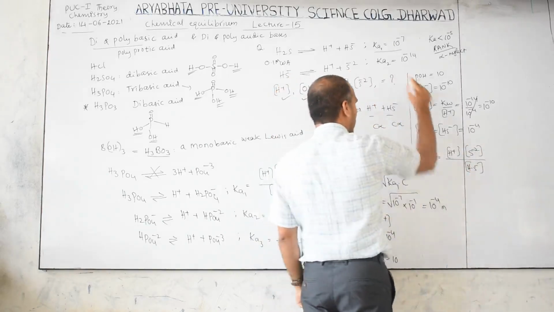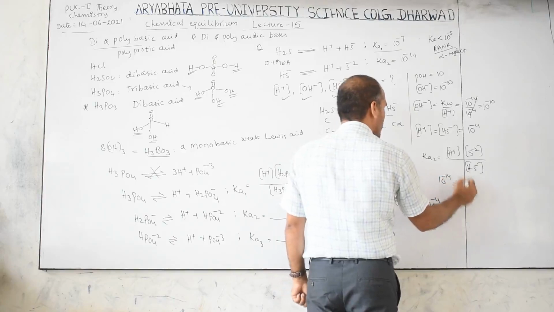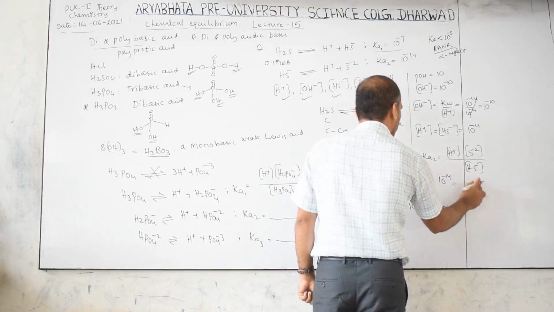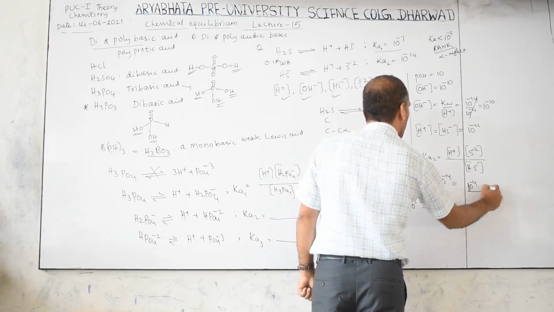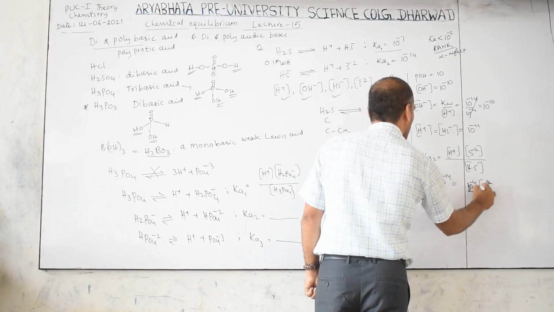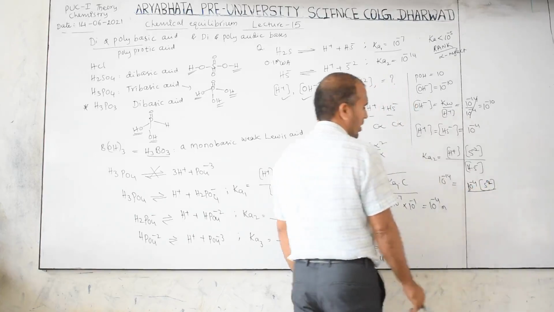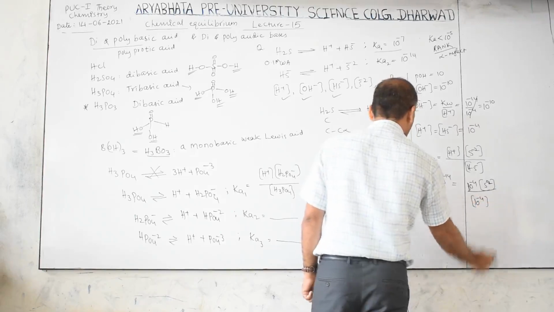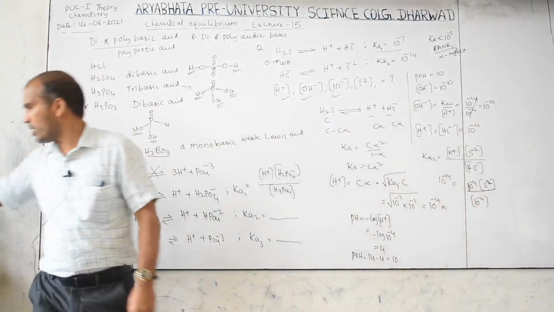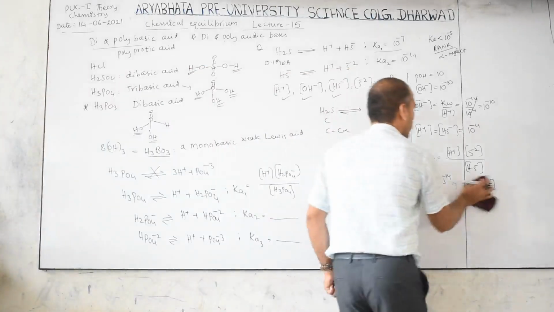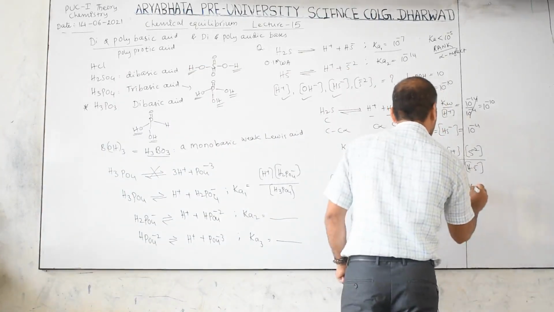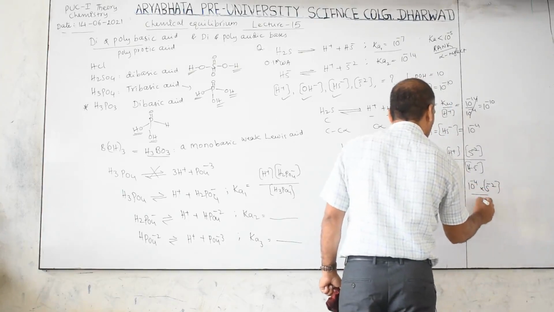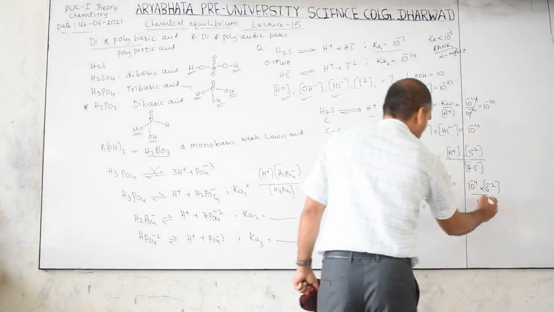Now the Ka2 value given here, 10 power minus 14, is equal to H plus ion concentration, 10 power minus 4, times S minus 2 concentration, divided by HS minus concentration, also 10 power minus 4.